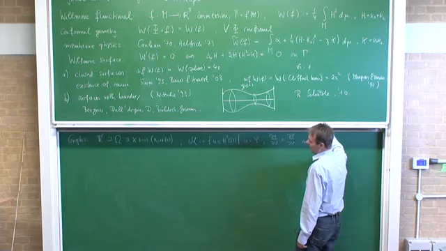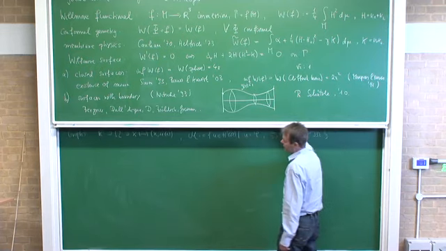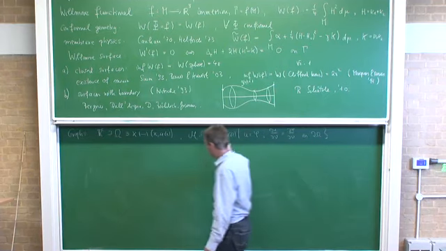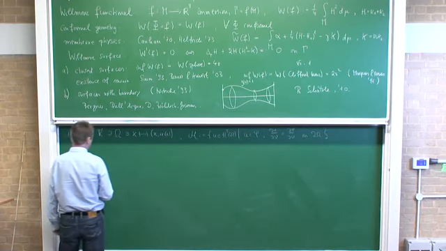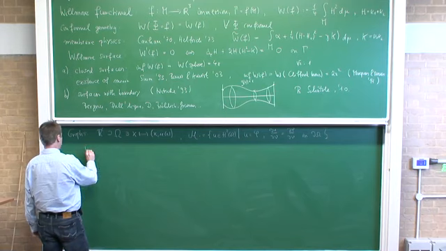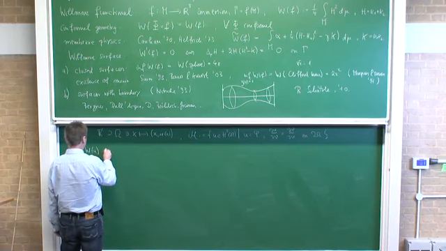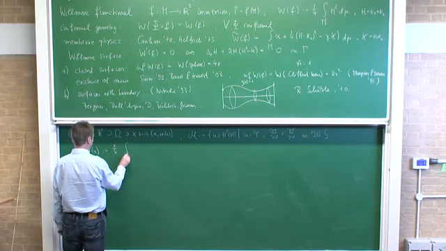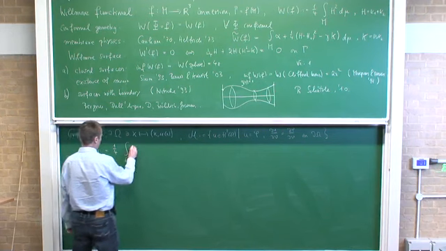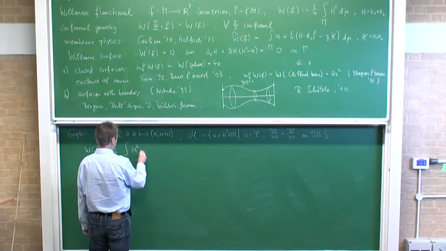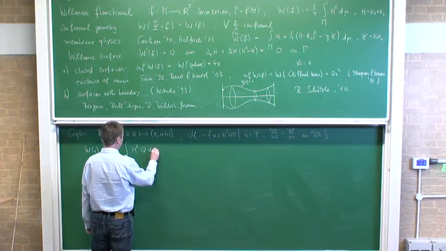And then I look at the Willmore functional for this graph, and this can be written down as follows. So I now write W of u rather than W of f. So that's a quarter integral over omega of H squared, and then there is the area element.